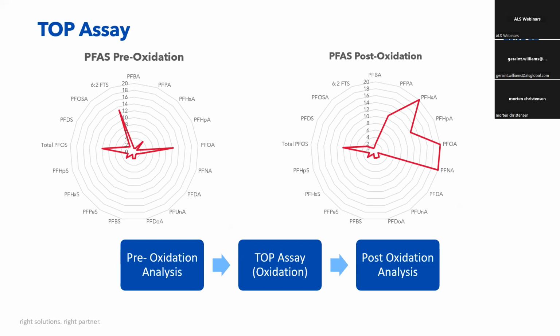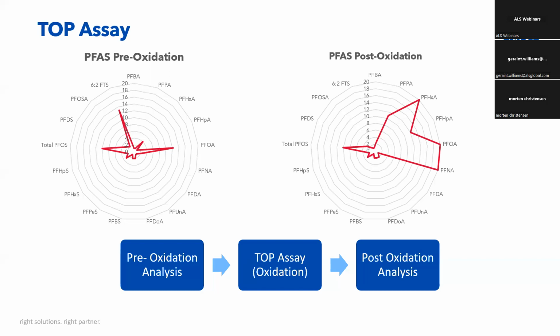But it can be used for soils, it can be used for waters, it can be used for AFFF, as we've seen already. It can be used for concrete. It can be used for other matrices as well. I've seen it used for quite a few different types of matrices.